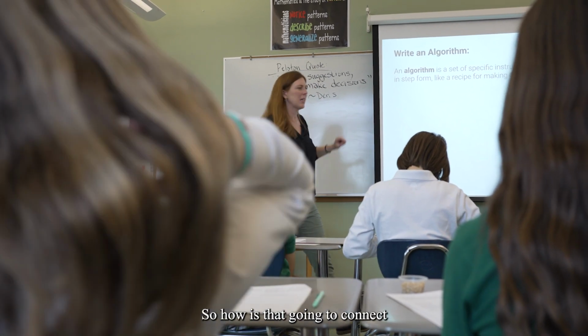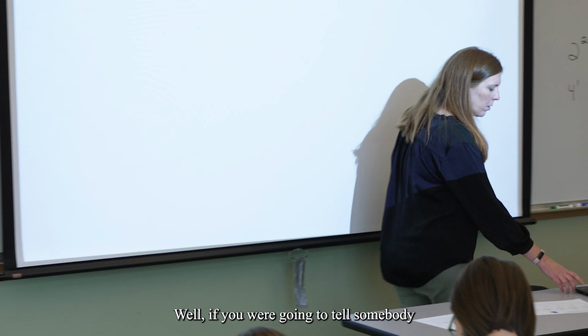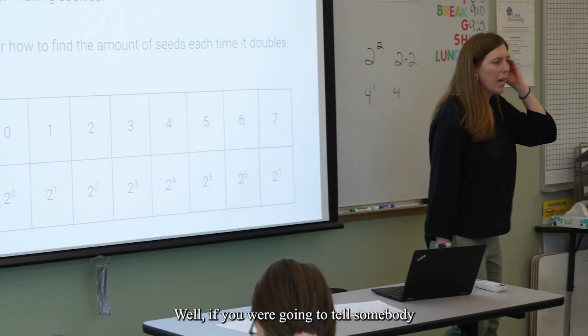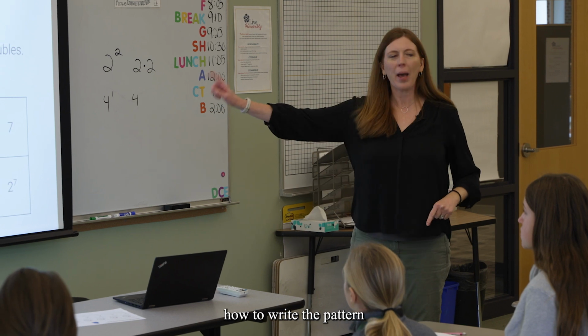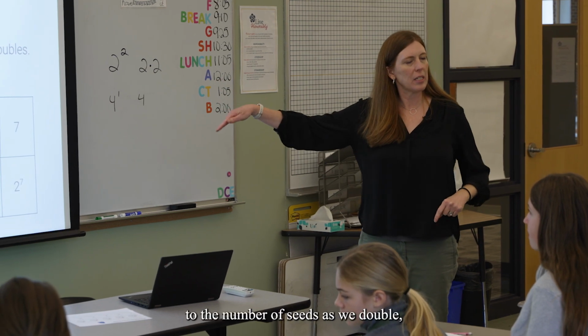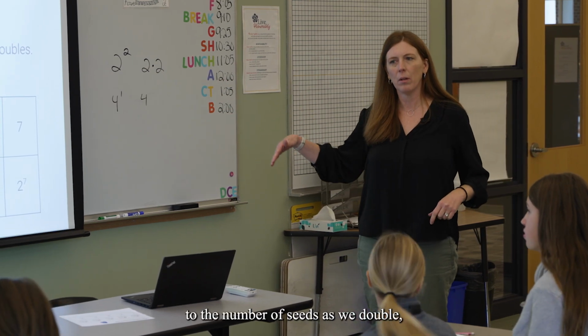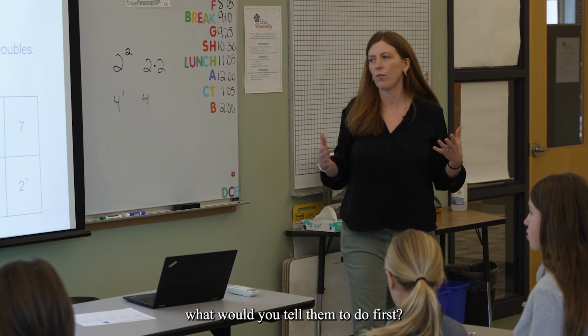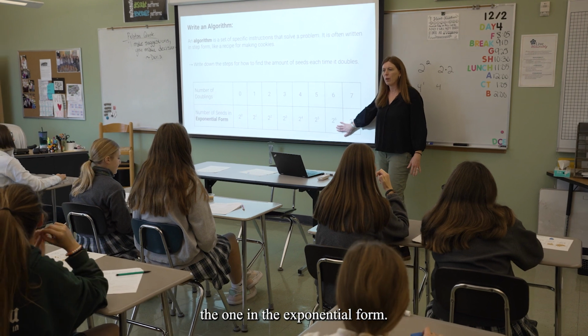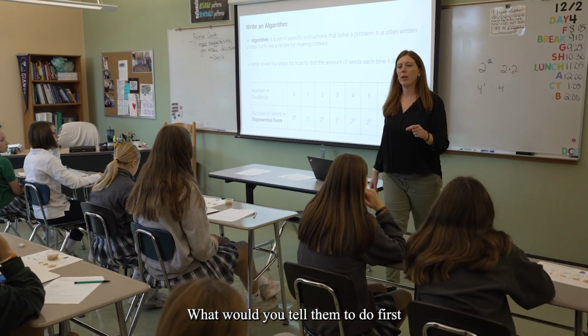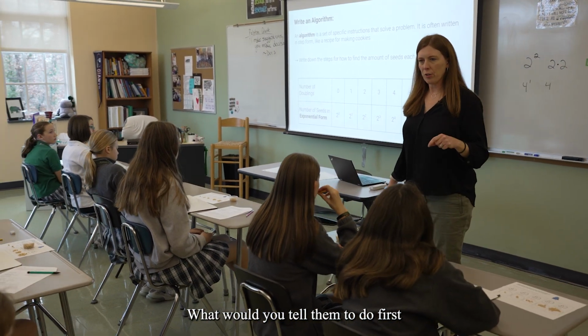So how is that going to connect to what we're doing? If you were going to tell somebody how to write the pattern of what's happening to the number of seeds as we double, what would you tell them to do first? We're going to stick with doing this pattern, the one in the exponential form. What would you tell them to do first?